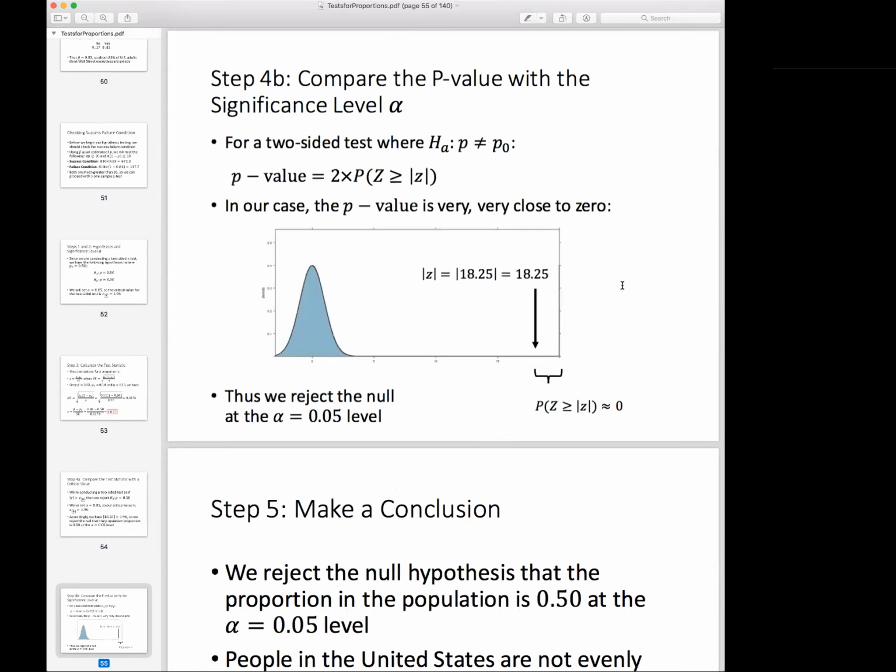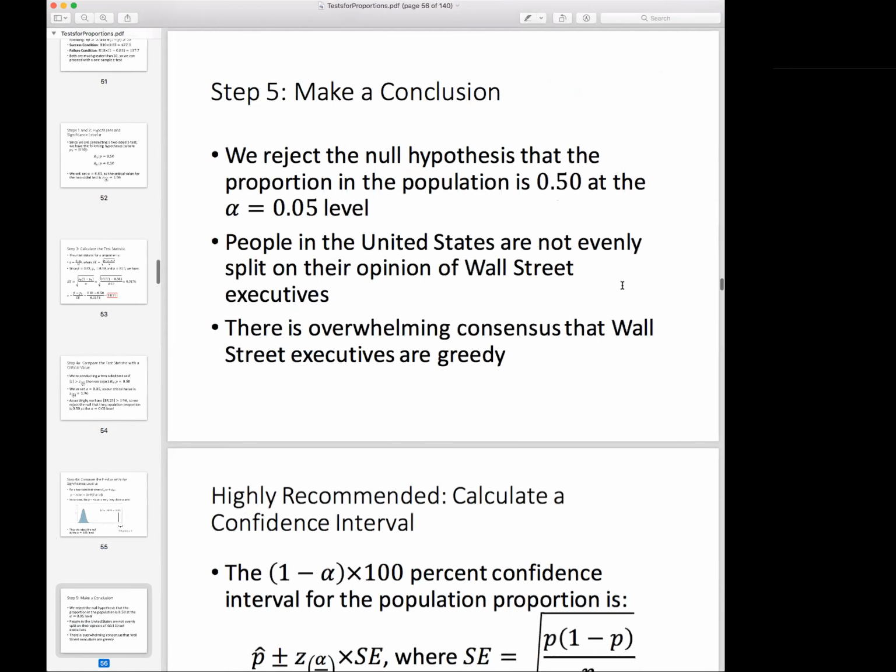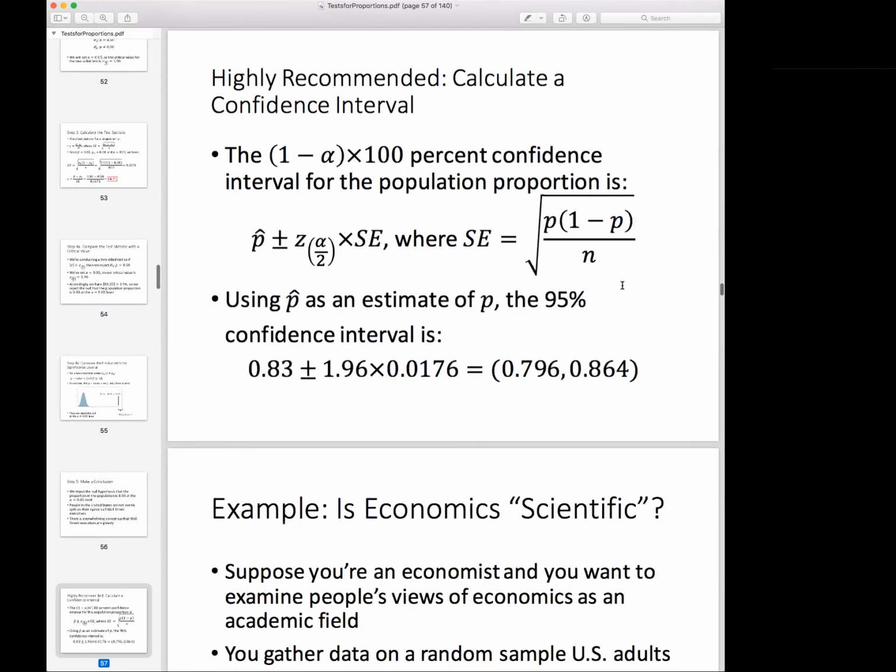So we reject our null hypothesis in this example, and we'll make our conclusion.